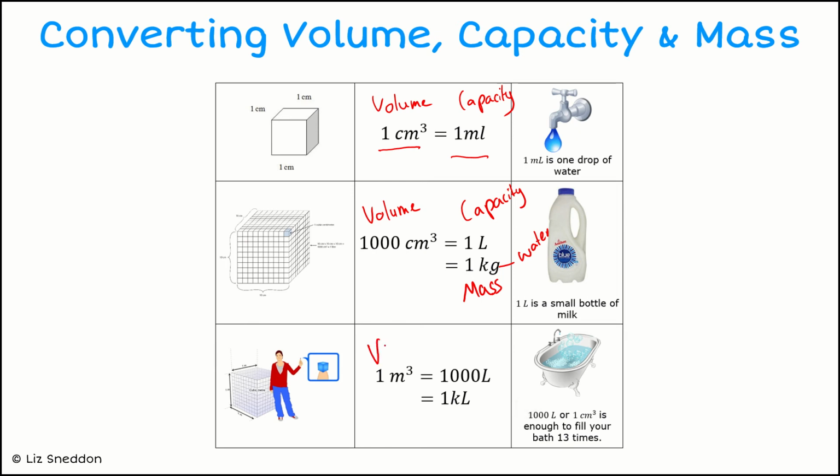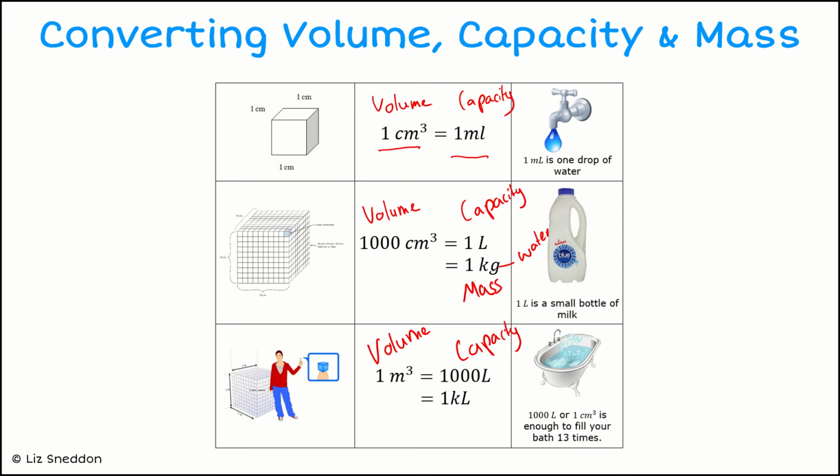Or equally, if I have 1 cubic metre of volume, so if you look at that person standing there, that's quite a decent size. It's a good pallet of food or paper, and that's equivalent to 1,000 litres as a capacity, which is the same as 1 kilolitre.